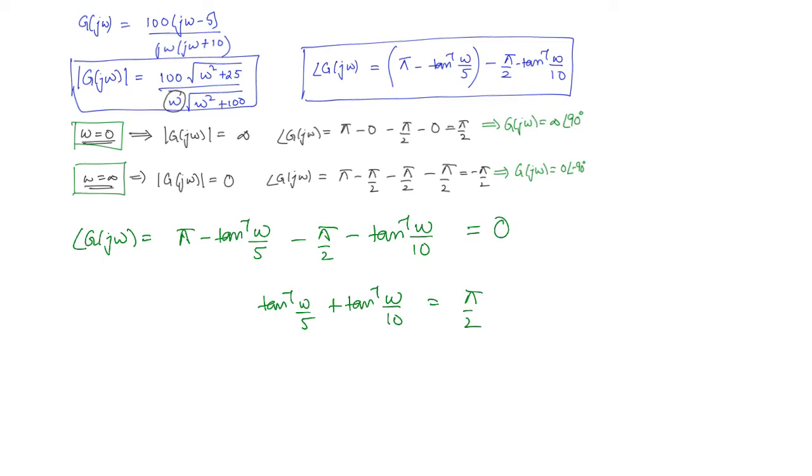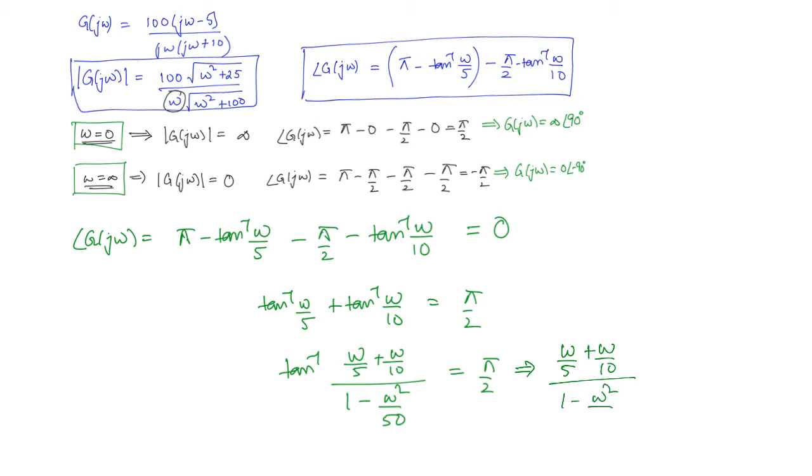Applying the tan inverse A plus tan inverse B formula, you get tan inverse of omega by 5 plus omega by 10 divided by 1 minus omega square by 50 is equal to pi by 2. From here, omega by 5 plus omega by 10 divided by 1 minus omega square by 50 is equal to tan pi by 2, which is infinity.